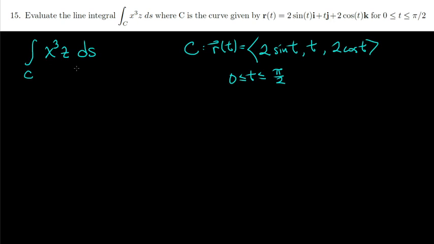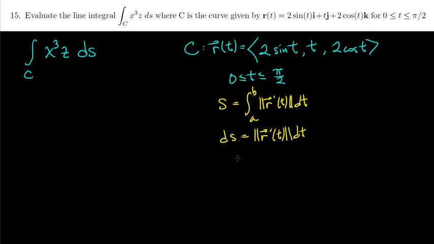So remember what s is. S is the arc length, which is given by this integral here, usually a definite integral from a to b. So ds then is just the norm of r prime dt.